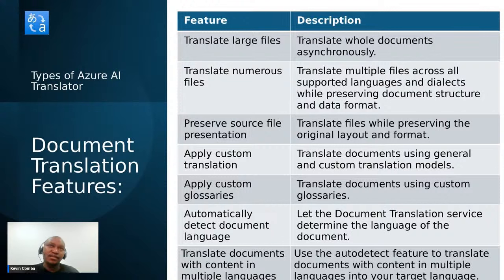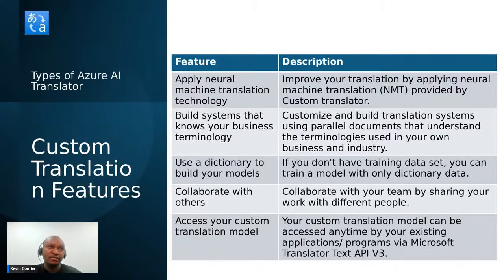So you can also translate numerical files. So these all are features which deal with document translation. I'm not going to go through each one of them. I think we shall share these slides if someone likes, and you can go and read them. So let me jump on to the next.